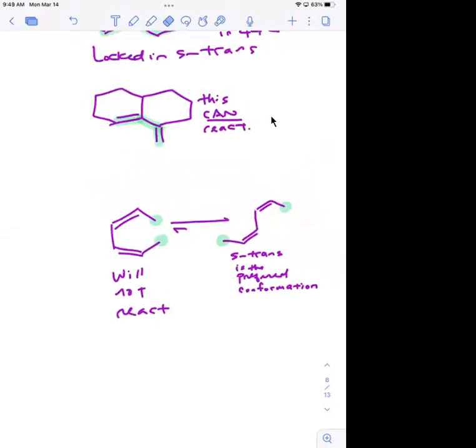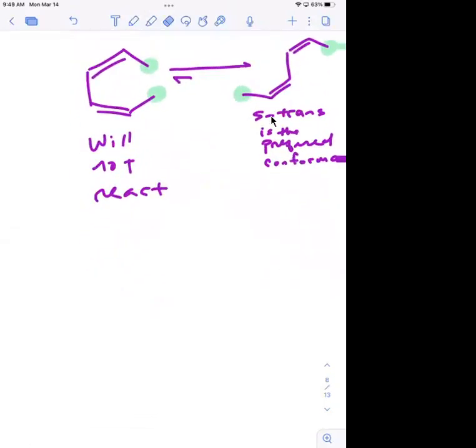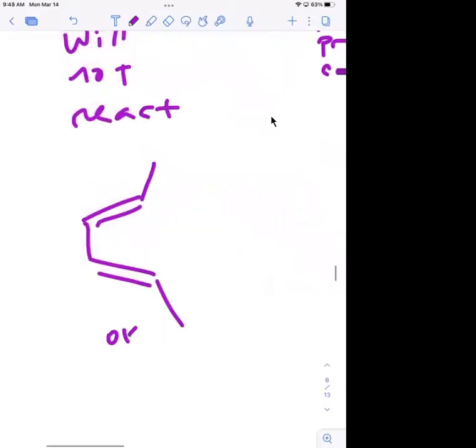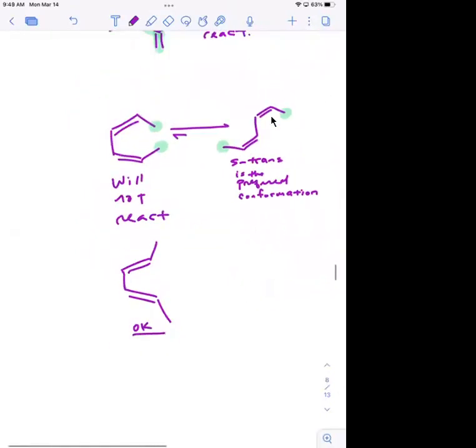Now, if we take the same type of diene, but change the structure to where the methyl groups are not able to interact like that, it will react. So something like this, where the methyl groups are here, can stay S-cis because you don't have that steric interaction.